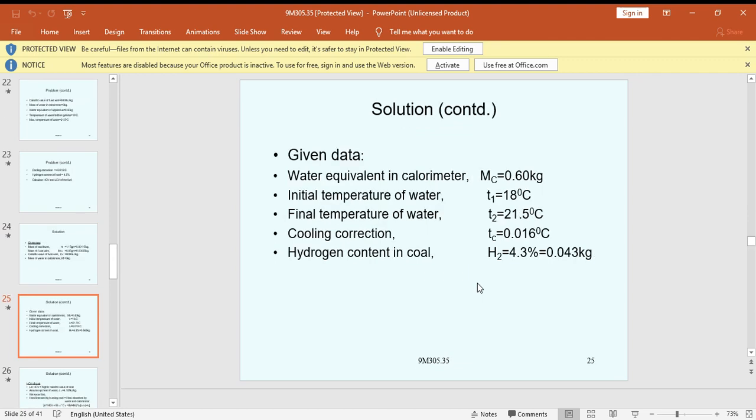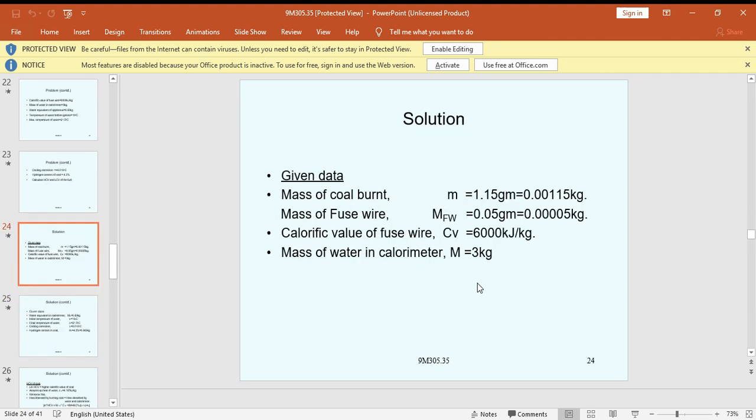The given data: mass of the coal burnt 1.15 grams, converted into kgs, 1.15 into 10 to the power of minus 3, that is M equal to 0.00115 kg. Mass of fuse MF 0.05 grams, converted into kilograms, 0.05 into 10 to the power of minus 3, that is 0.00005 kg.